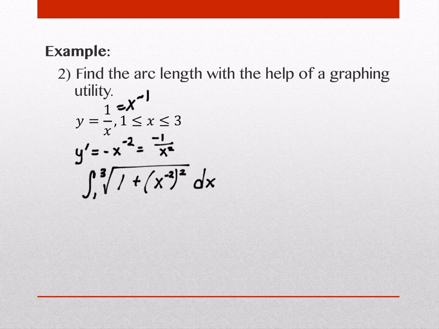What did I mess up on? Negative x to the negative 2. Oh, yes. I didn't leave it there. Thank you. Is it going to matter? No. It's actually not, because I'm going to square it in a second, but I will put it in there correctly. Thank you for correcting me. Well, it's getting squared again, but because you're taking the square root, you have to combine terms first.